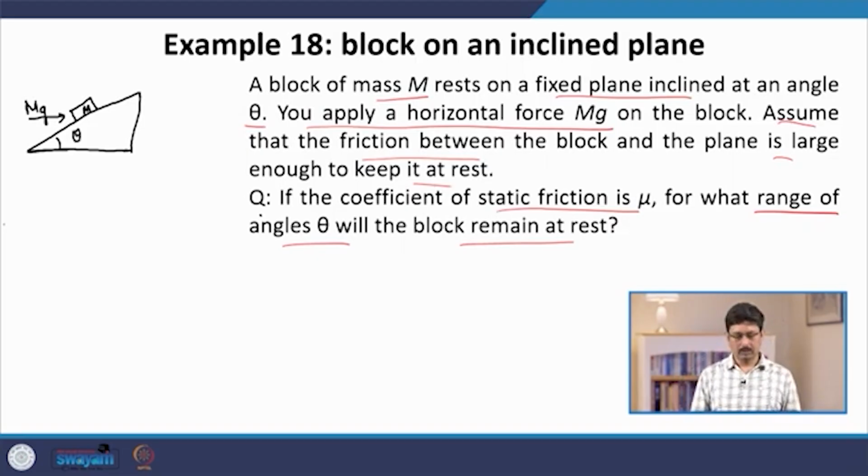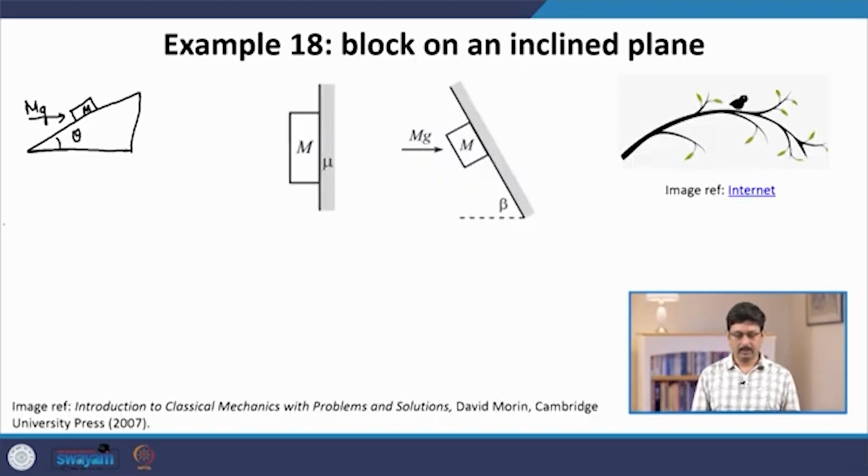Before we start to analyze it, I want to mention one point. Normally, when we think of an inclined plane, we assume that the angle of inclination is less than 90 degrees.